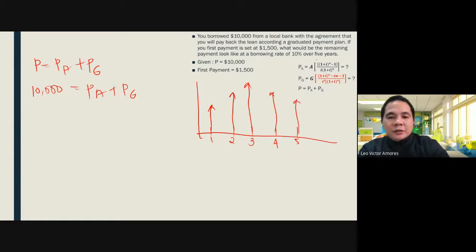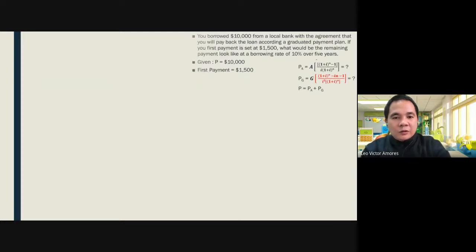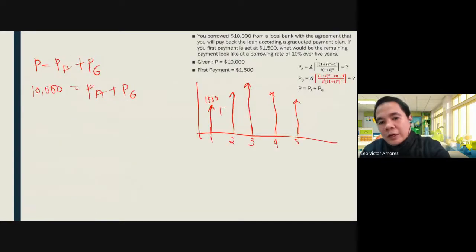You start at 1.5. There is 1.5 plus G, 1.5 plus G times 2, then G3, G4. Right?